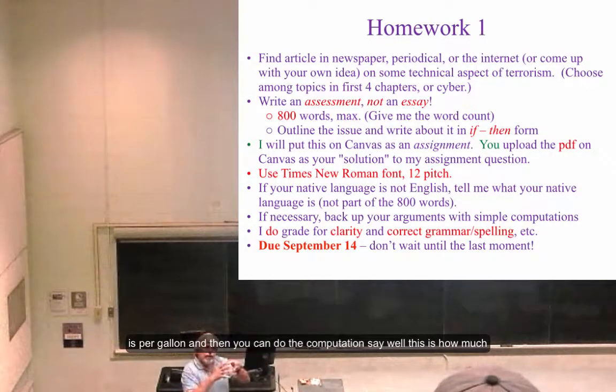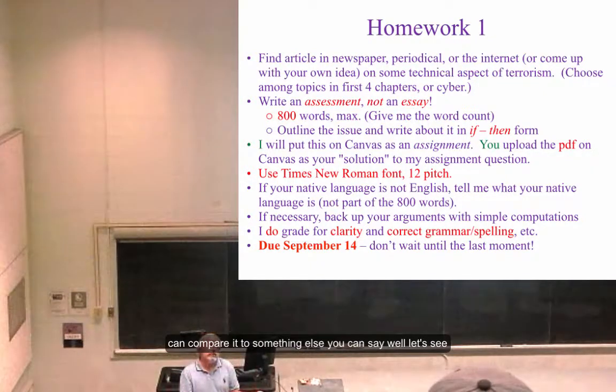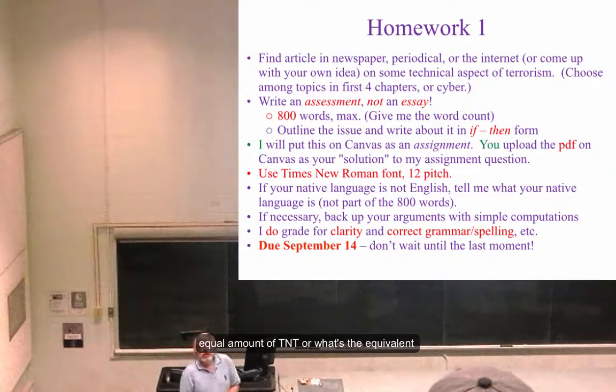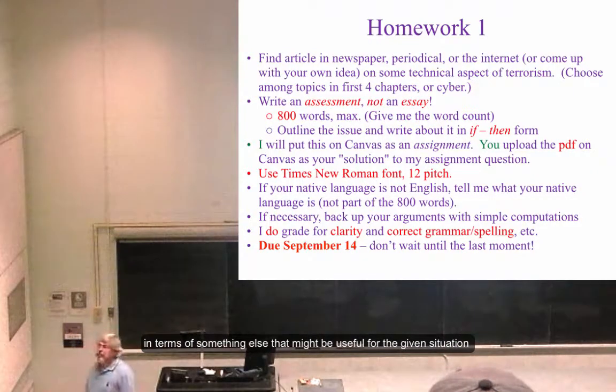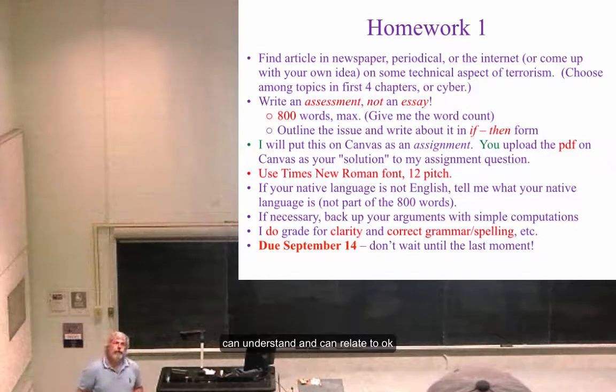Then you can do the computation and say, this is how much energy this thing is hauling in. That's a simple computation. And then you can compare it to something else. You can say, what's the equivalent amount of TNT? Or what's the equivalent in terms of something else that might be useful for the given situation that you're talking about? Put it in units that the reader can understand and can relate to.